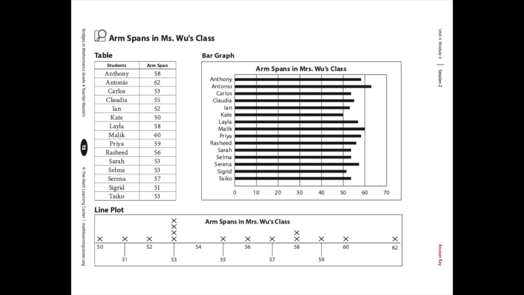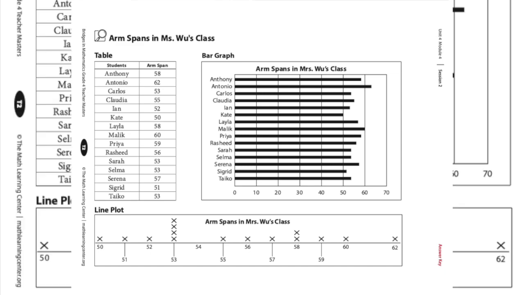And so the line plot really does give us the best information in terms of just data. We don't really need to know the kids' names, for example, and we have exact numbers on the line plot. So this is really going to be where we're going to focus today, okay?